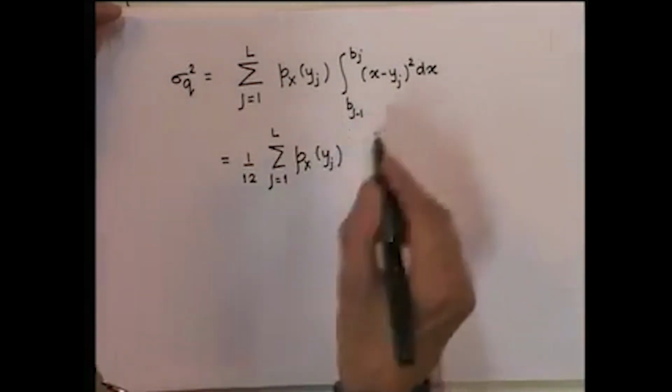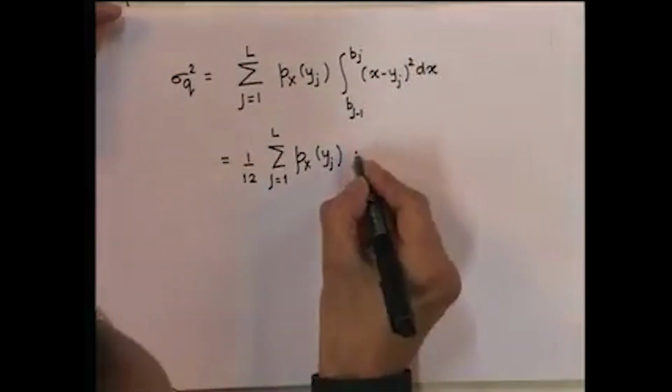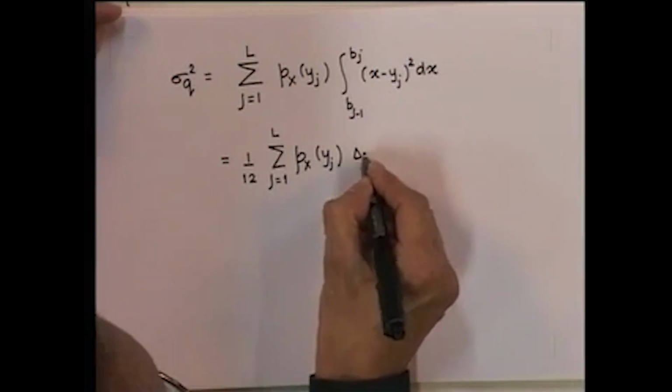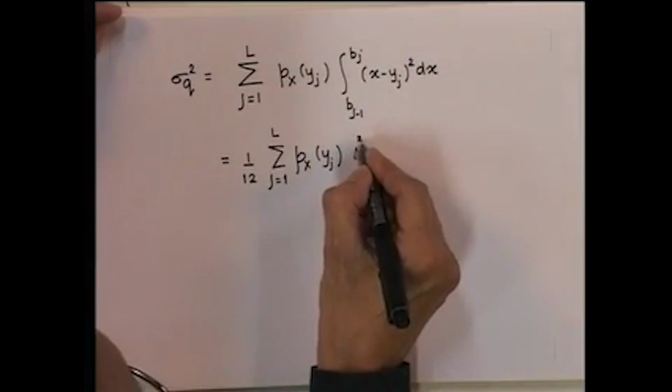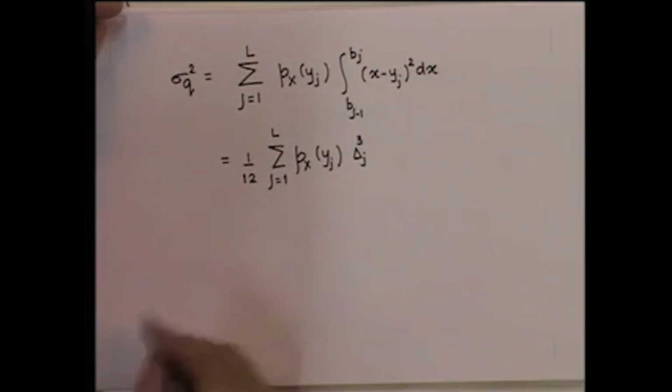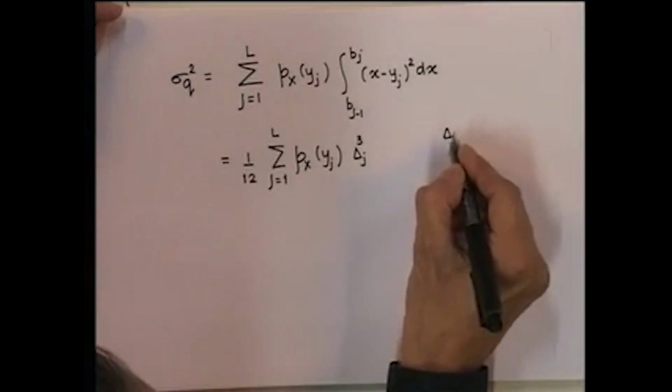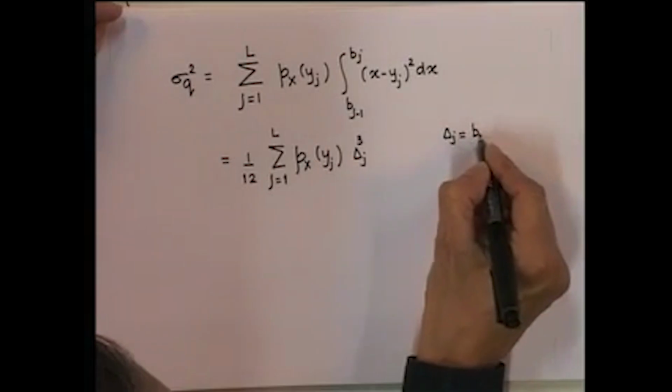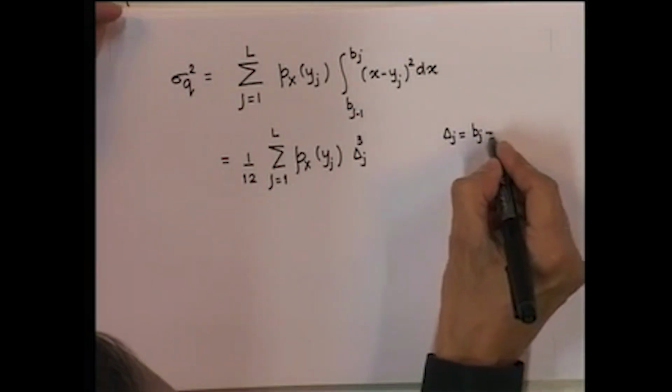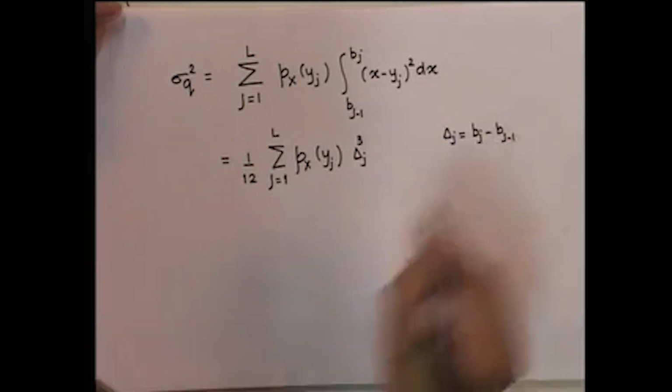The value for this expression is equal to, where delta j is equal to b j minus 1.